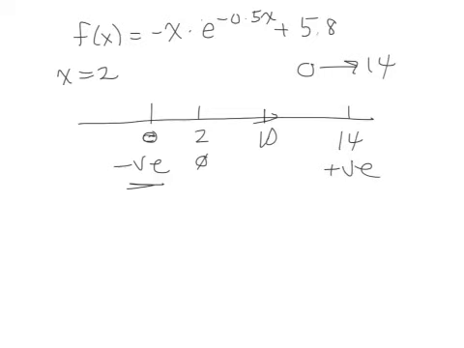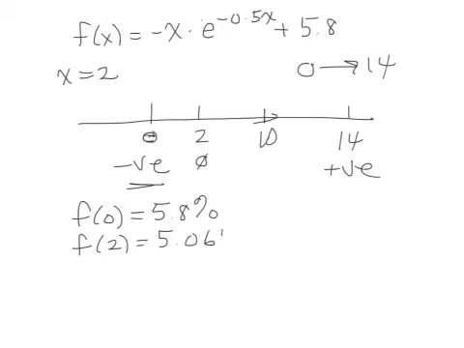Let's check. We're going to substitute f at 0, so that's one of our endpoints, and we find that it's 5.8%. We're going to check f at 2, that's our critical point, and we find that that's 5.0642%. And if we check the other of our endpoints at 14, we find that this is 5.7872%.